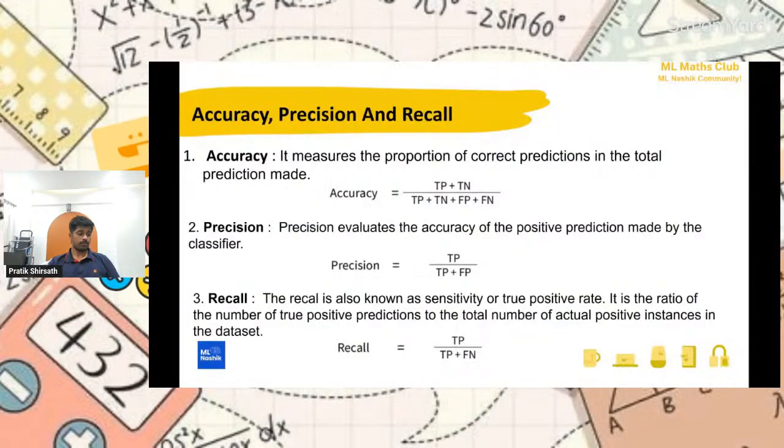Now the important part coming is what is accuracy, precision, and recall. These again fall under the classification metrics itself. Now what is accuracy?